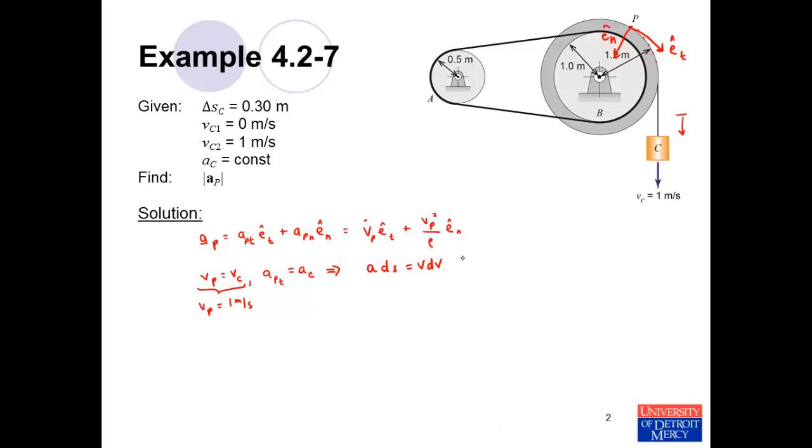And so this relationship relates acceleration, which we're trying to find, the displacement, which we know, and the velocity, which we know. Okay. So this is a good choice.